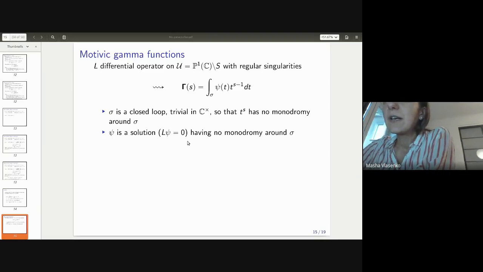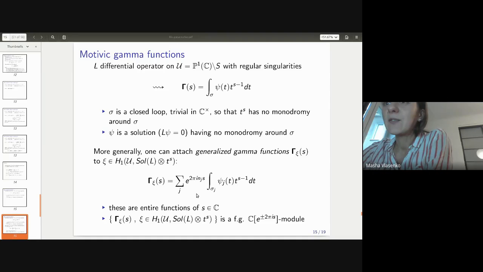One can generalize this definition a bit. In fact, one can consider linear combinations. And our gamma functions are defined using symbols in the first homology of the local systems of solutions to L, tensored with the rank 1 local system generated by t to the s.